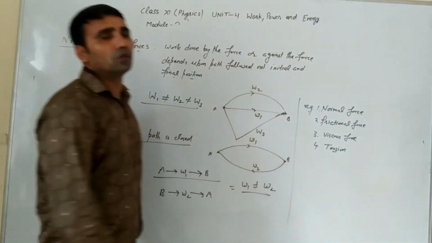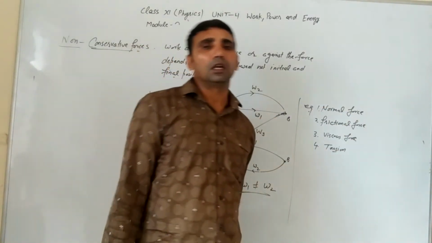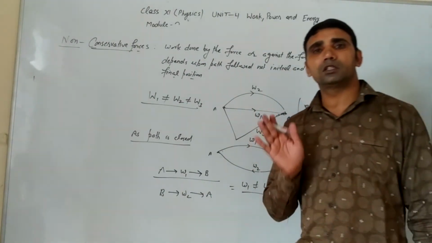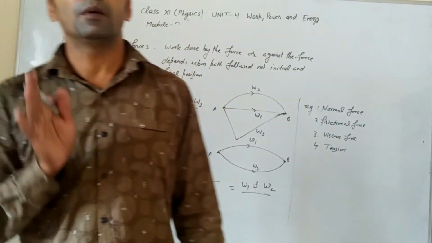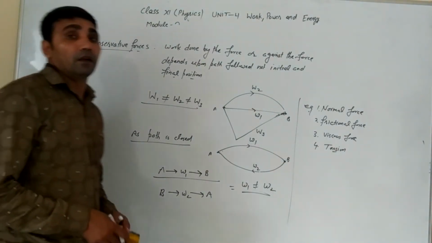All these forces are non-conservative forces. So the work done by these forces depends upon the path followed by the body, and doesn't depend on the initial and final position of the body. Now the next one is power.